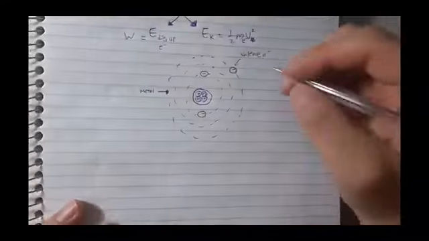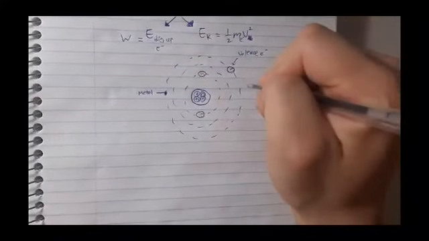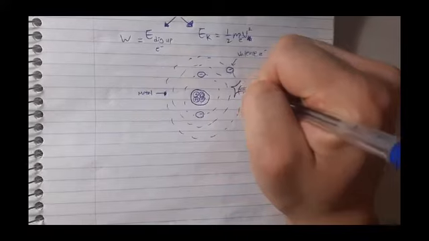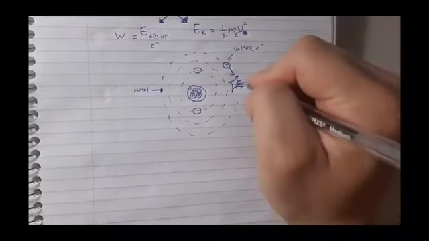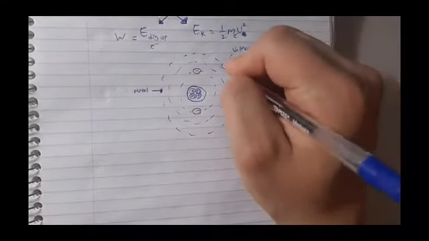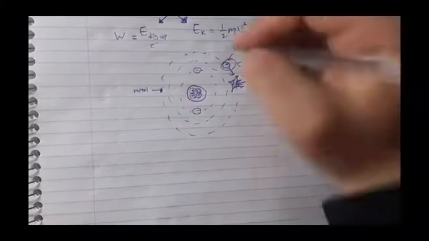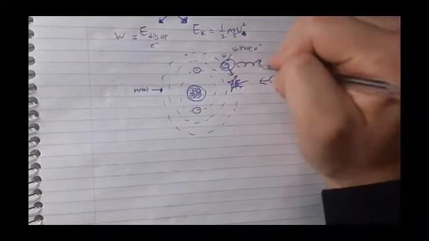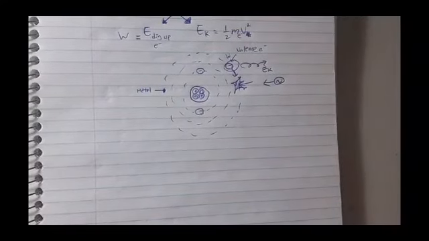A photon collides, and once that impact hits the orbiting electron, some of the energy is used to dig it up and then shoot it out. This digging up is W and shooting out is EK. So this is a very pictorial representation of what you observe so far.